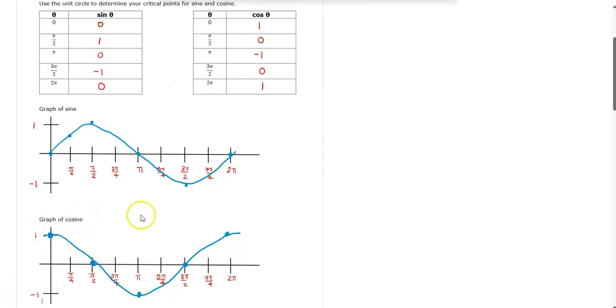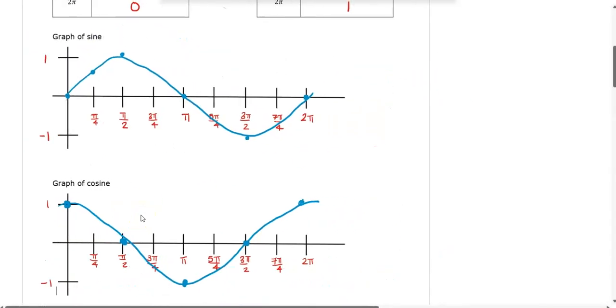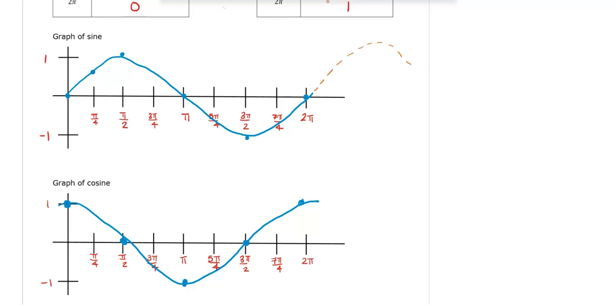Now, let's compare the two of these functions side by side. If you notice right here, I've got sine, it does this little S thing. That's one way to remember what we've got going on here. But one thing to keep in mind is this is going to continue. It's going to keep going just like this forever, and it's going to do the same thing in this direction forever.